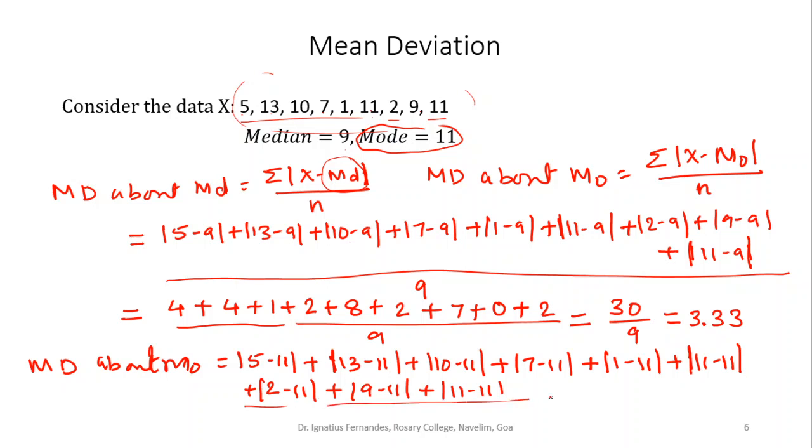This divided by the total values here, which are 9.